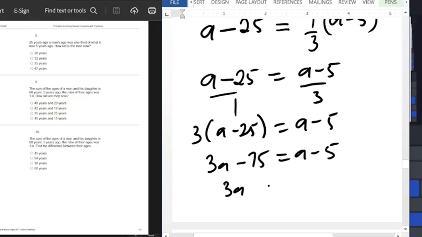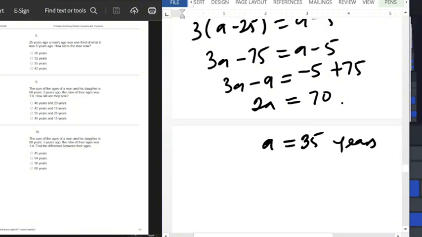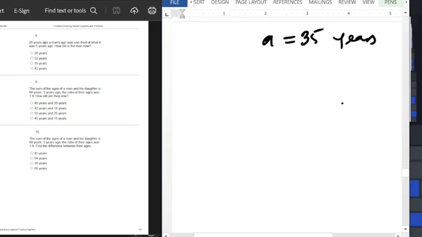That is 3A minus A equals minus 5 plus 75. This gives us 2A equals 70. Divide both sides by 2. Therefore, A equals 35. So the man's age is 35 years. So you can see the way this is interpreted. Let's go to question 9.